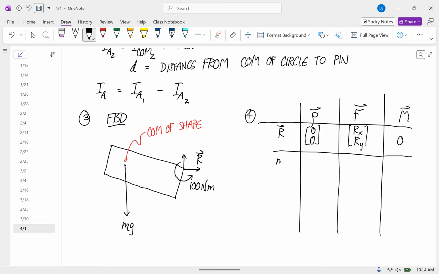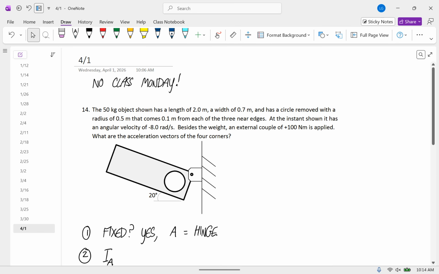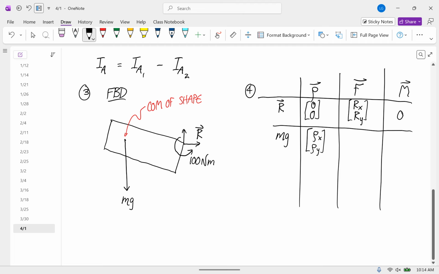For the weight force, I don't know what that rho vector is. I'm just going to call it scalar rho x, scalar rho y for the components. The total mass is 50, so this is 0, negative 490.5.